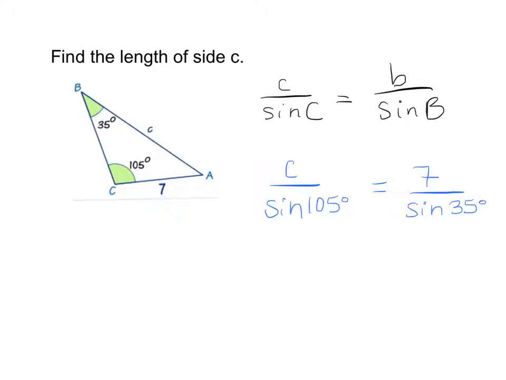And all I have to do now is isolate the C in this equation. I do that by multiplying by sine 105 to cancel it there, and I get C is equal to 7 over sine 35 multiplied by sine 105. And that I can put in my calculator.